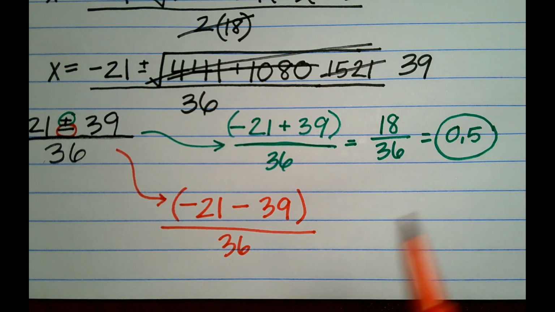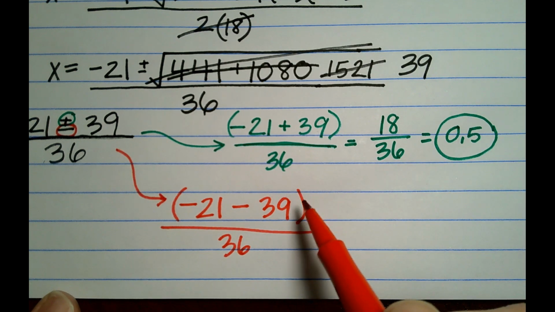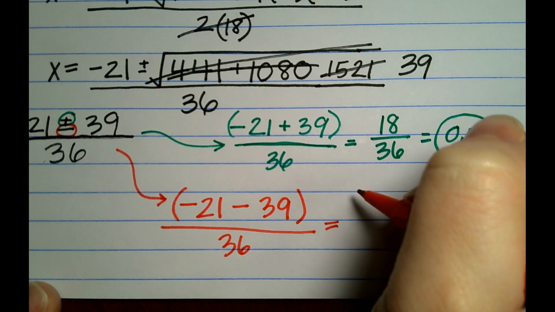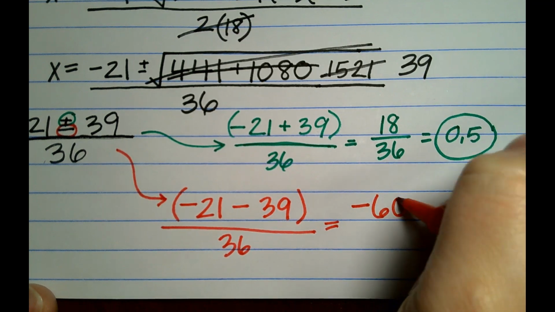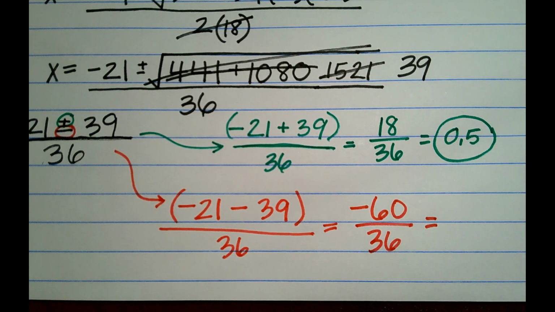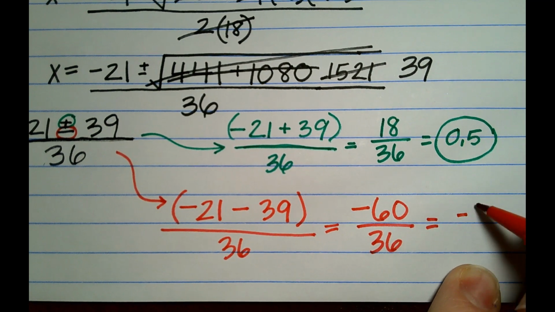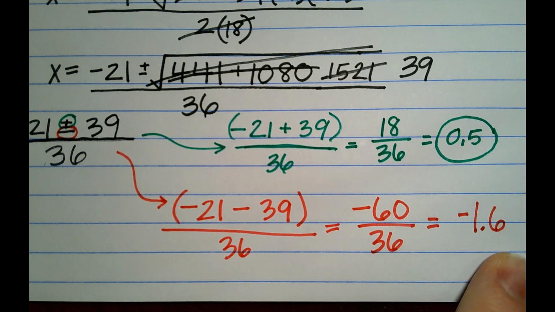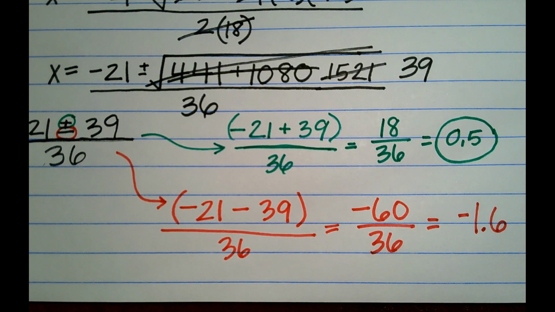Okay, so we got one of our answers. Next, negative 21 minus 39, what's that? Negative 60? Okay, negative 60 divided by 36. Negative 1 point, your calculator will say 666666667.